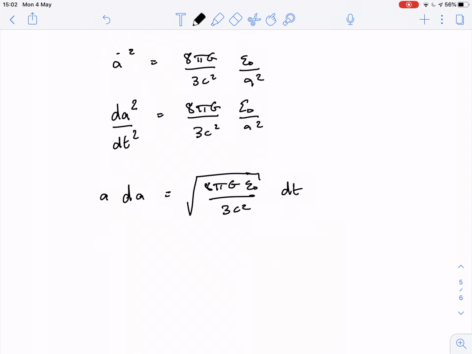And then if I integrate that, I get that a squared over 2 equals all this bump here times t, or a is proportional to t to the half.